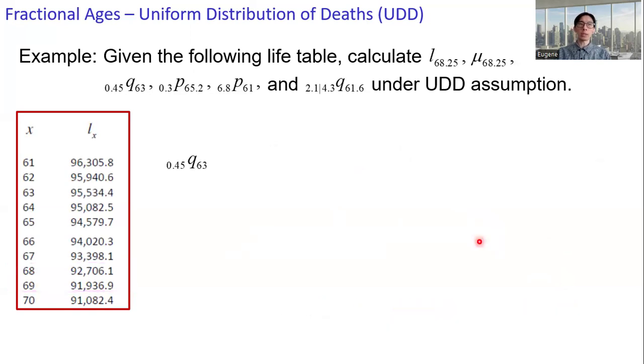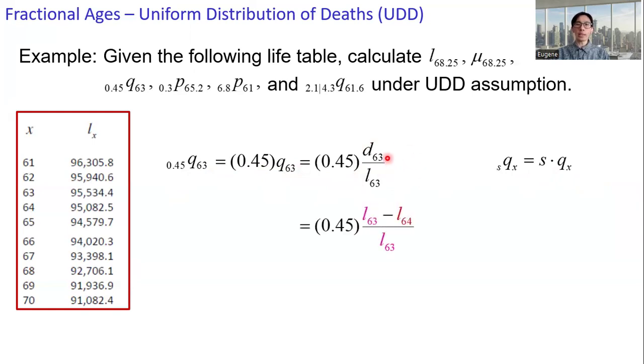The next quantity, 0.45 q63. Again, we are dealing with fractional age s equals 0.45, which is less than 1. So this s qx is simply s times qx, where s is 0.45, and we need to get q63. q63 can be expressed as d63 over L63, and d63 is L63 minus L64.